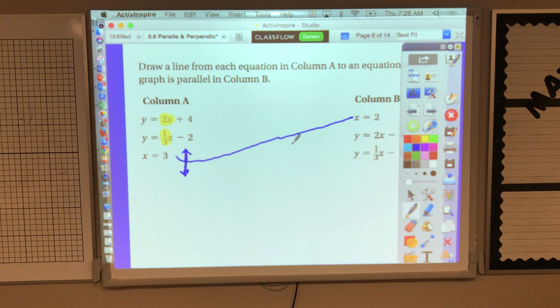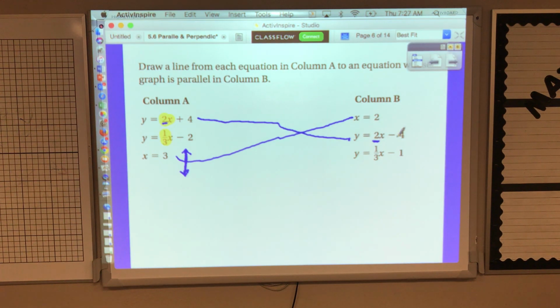For our first one, y equals 2x plus 4, again, my slope is 2. So when I look at these ones over here, I need to find another slope of 2. That makes the first one, y equals 2x plus 4, parallel to y equals 2x minus 4, because they're starting at different points, but they're changing at the same rate.